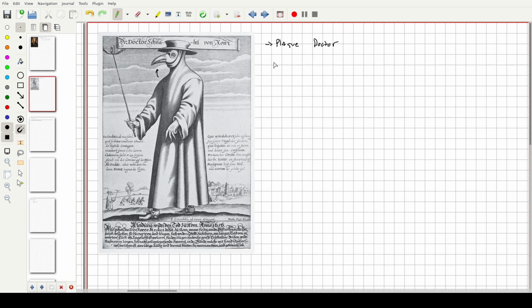Back then, though, there was no germ theory of disease. So the bill here was actually packed by doctors with garlic and strong smelling herbs because they believed that strong smells would ward off the plague.